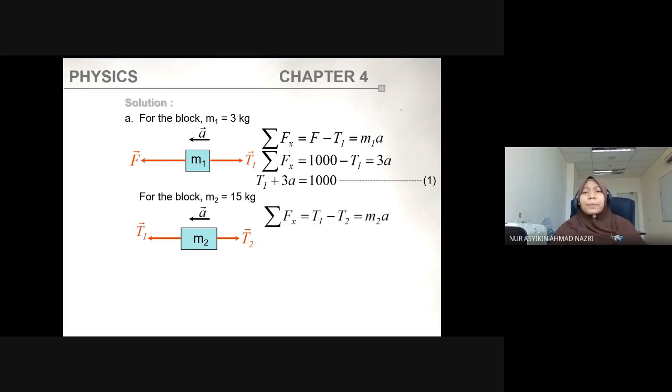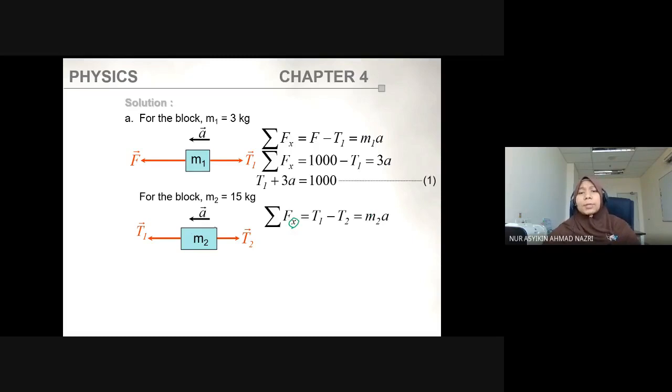And then from this, kita transfer pergi equation again, in the X component. Please note that net force for the X component on M2 is T1 minus T2 equal to M2A.